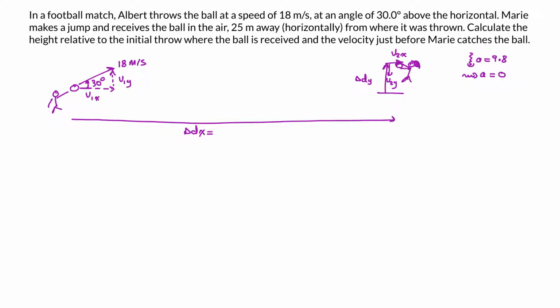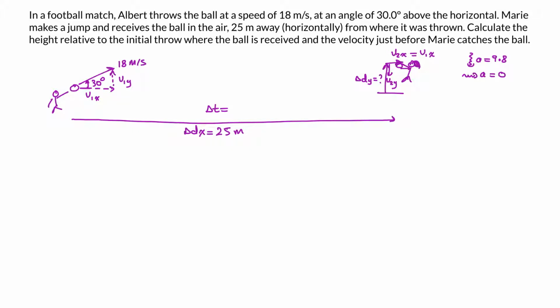Displacement in the x direction is given to me as 25 meters, so I'm going to label that, and this one isn't. v2x is going to be the same as v1x, just because there's no air resistance slowing it down in the x direction. v2y we don't know, we have to calculate. I'm just going to leave it empty at the moment. And delta t is the final thing, and we don't know delta t either, so we might have to calculate it depending on the situation.